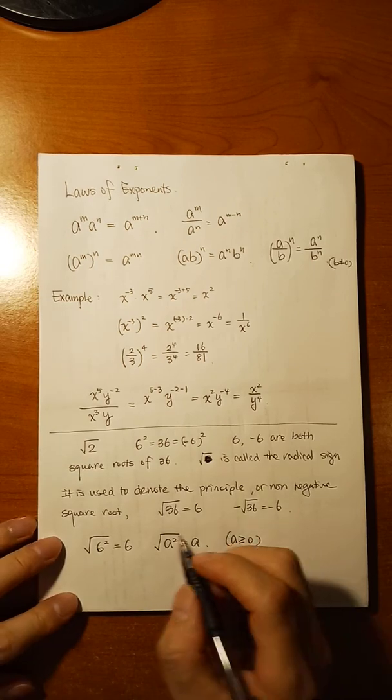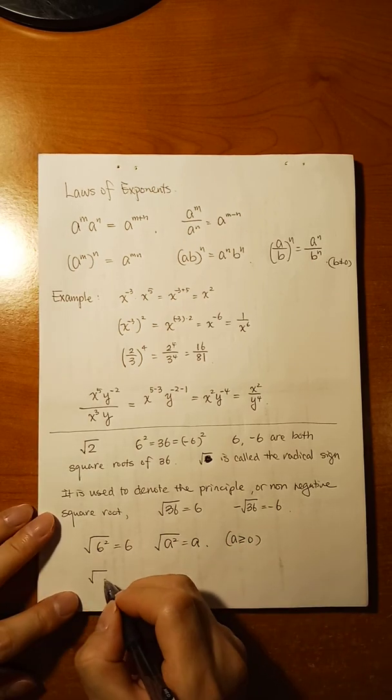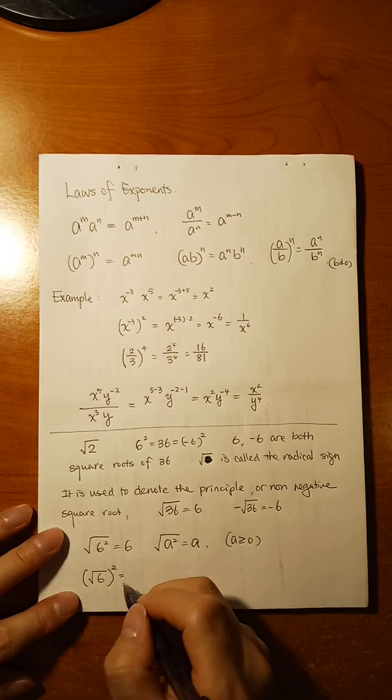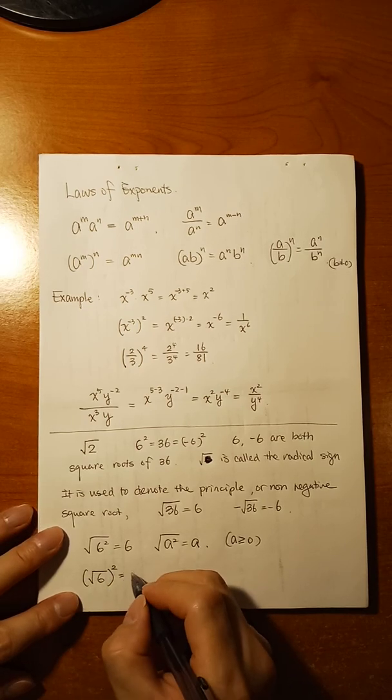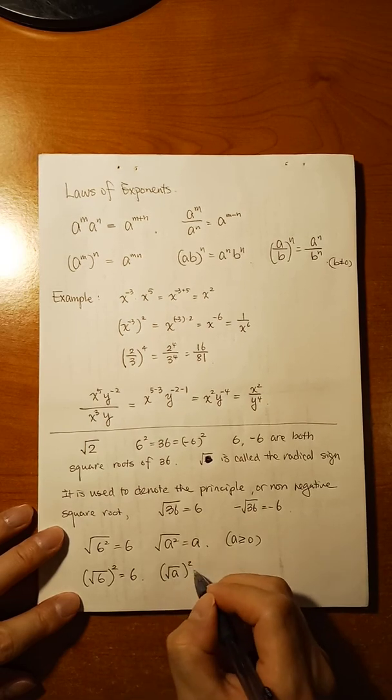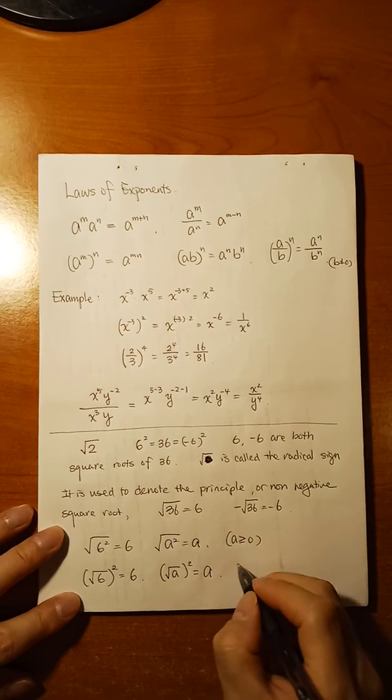And the other one: if you have the square root of 6 and then you square it, you take the square root first and square second, it is always equal to 6. So the square root of a, squared, is always equal to a.